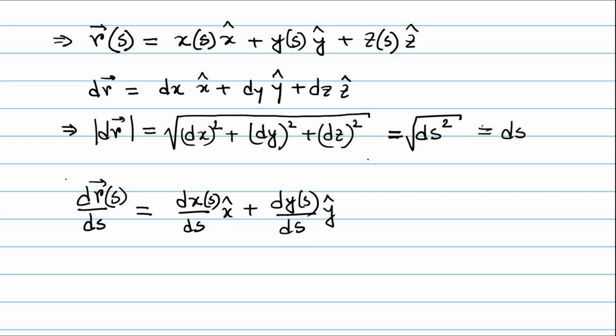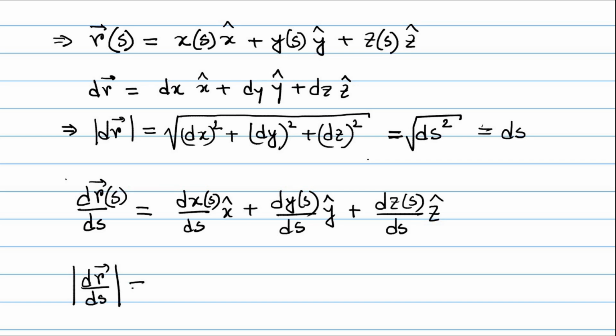We're simply differentiating the r vector with respect to the parametrization, so dz of s over ds and then z hat. Alright, and then you take the magnitude of this thing here, so dr over ds.